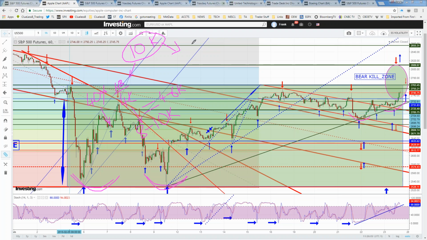Swing trades, you should have at least 20% of your money, at least 20 to 30%. So that puts $2,000 or $3,000 in those swing trades.